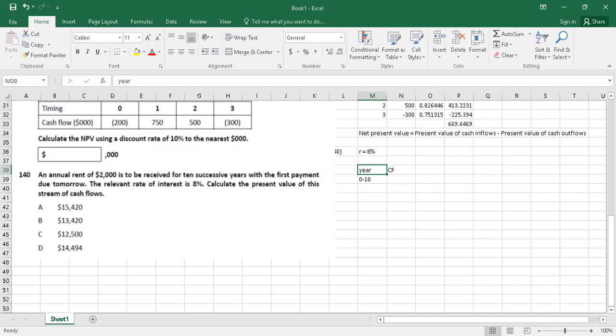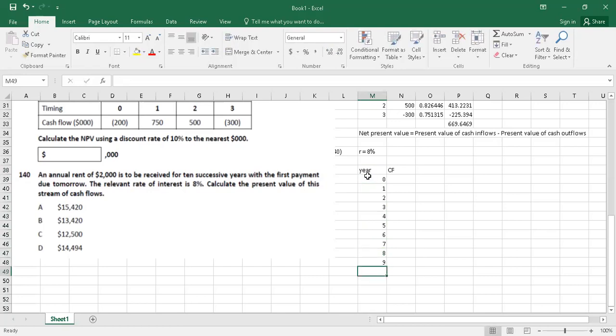The way we've done in the previous situations, 1, 2, 3, 4, we can also do it for altogether 10 payments till the 9th year. Because it's Excel, I will take you through that. 0, 1, 2, 3, 4, 5, 6, 7, 8, 9.